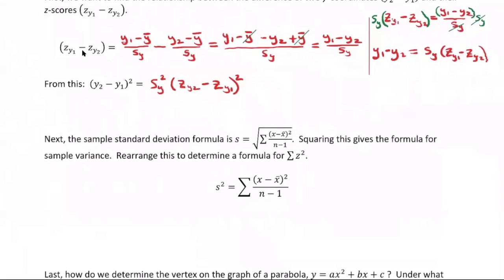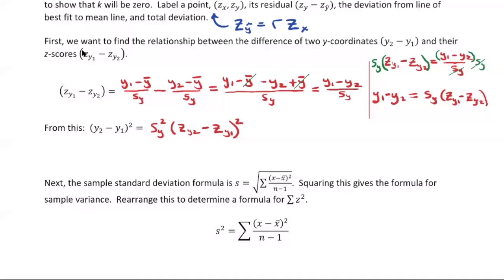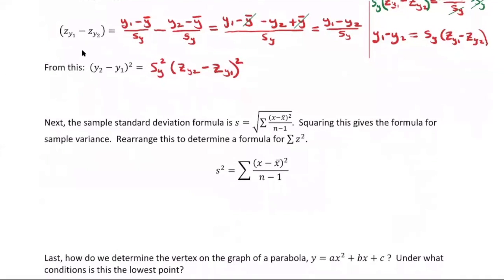Okay, now we're getting close to that next page where the big boom falls. Let's go ahead and talk about standard deviation real quick. Here's the formula for standard deviation that we have not looked at in some time. It says, next, the sample standard deviation formula is this. Squaring this gives a formula for the sample variance, right?